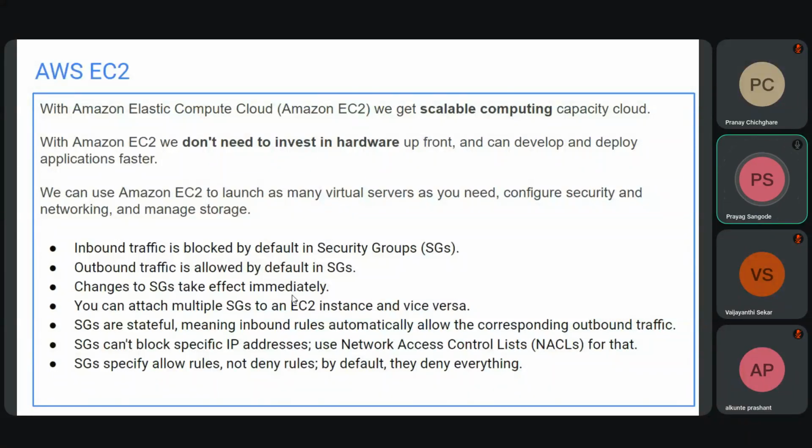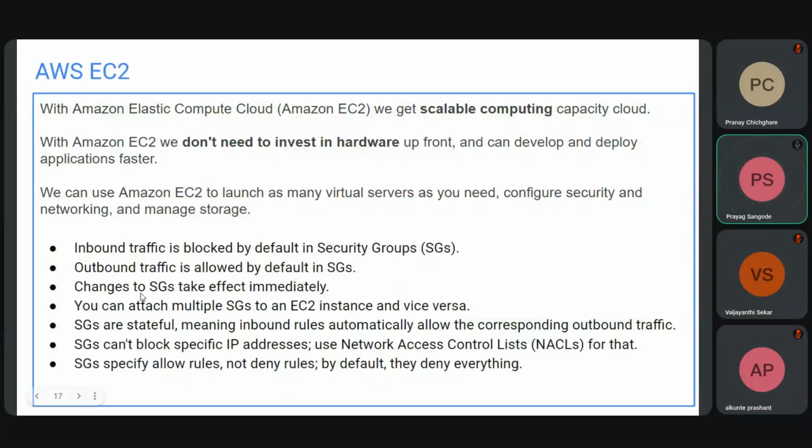That's why, by default, inbound traffic is blocked by the security group. When we create an EC2 instance we need to define security groups. If we do not define any, then the traffic will be blocked by default. Outbound traffic is always allowed by default.